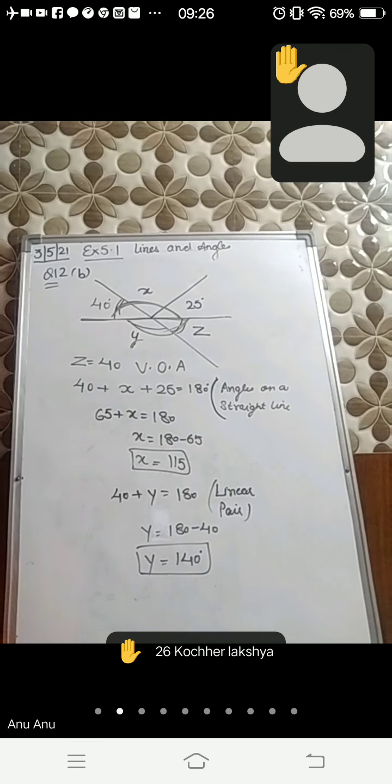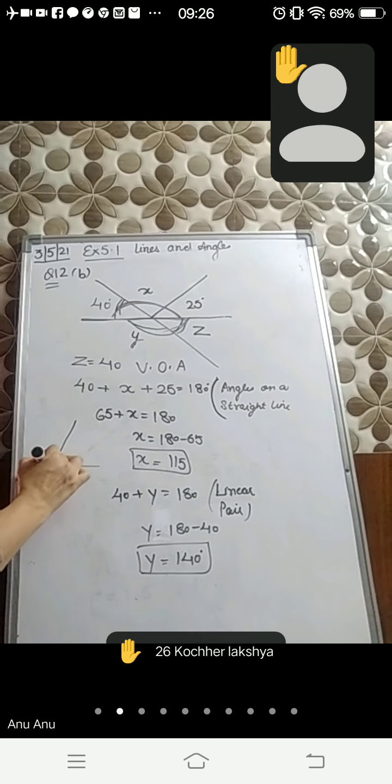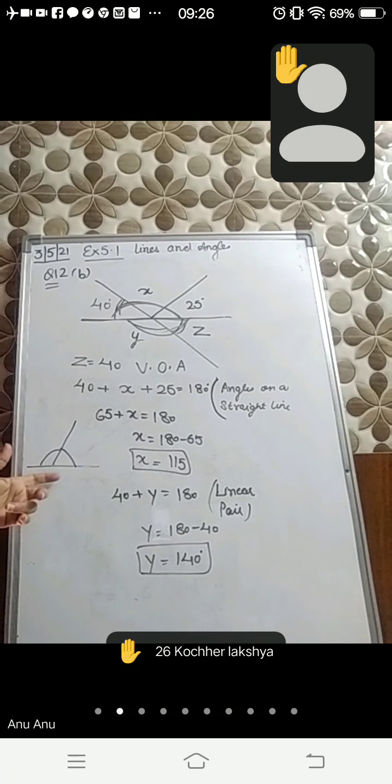This example I had also given to you. If on a straight line you have two supplementary angles, they must form a linear pair, meaning they are forming 180 degrees.